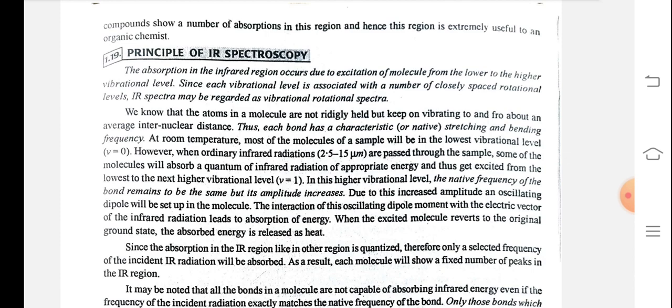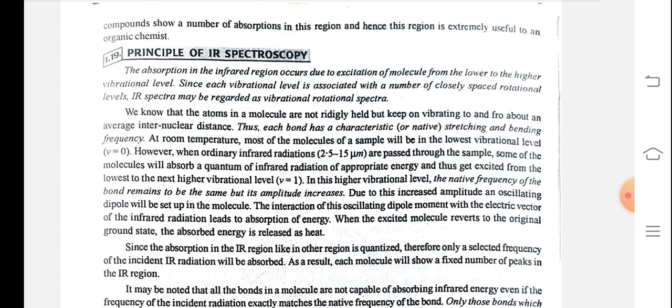In this higher vibrational level, the natural frequency of the bond remains the same, but its amplitude increases. Due to this increased amplitude, an oscillating dipole will be set up in the molecule.